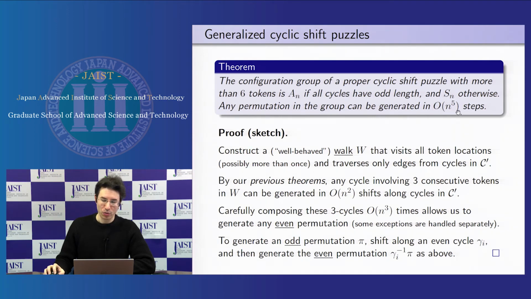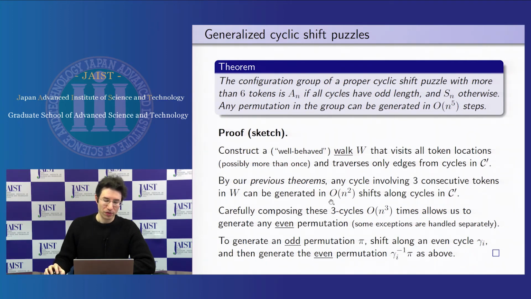However, we get a worse upper bound here on the number of steps, which is O(n^5). However, the proof works by constructing a walk through all tokens by using these cycles in C prime, which are the cycles that are interconnected in the proper way.